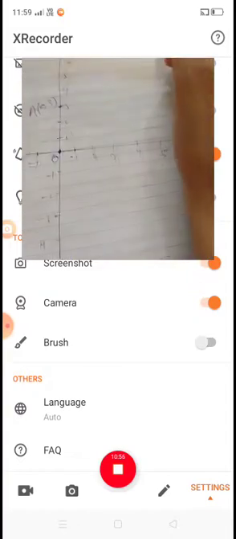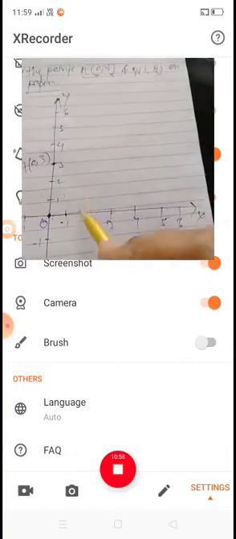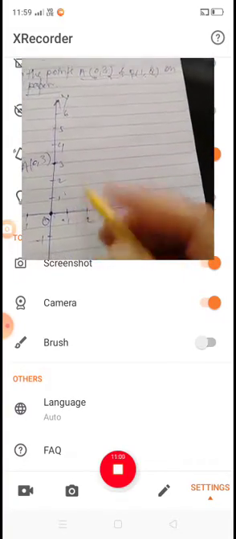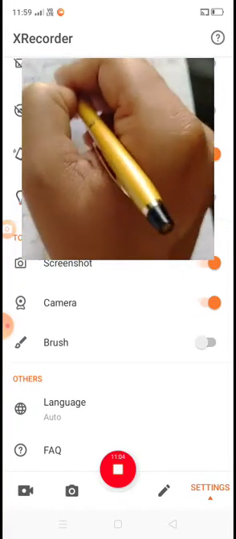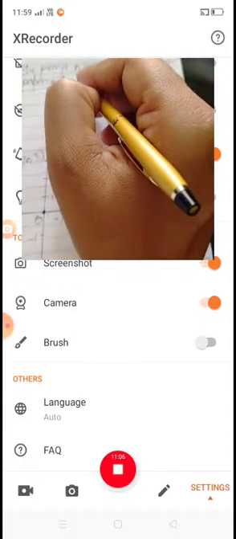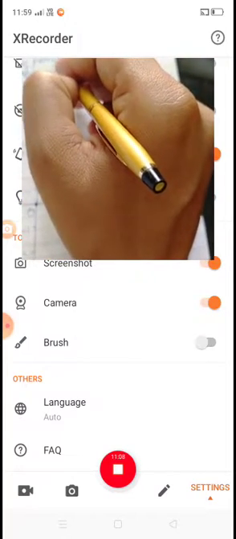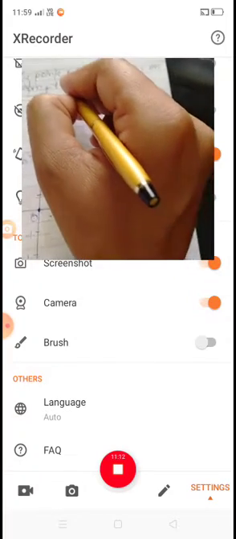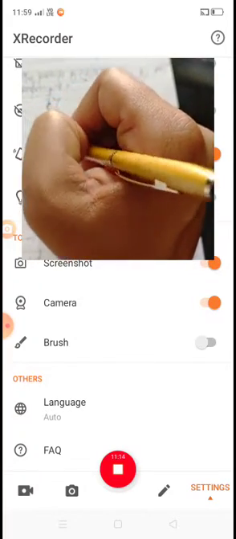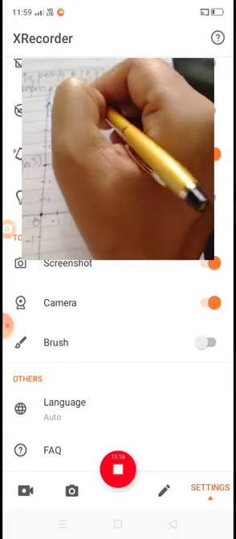In the positive direction of y: 1, 2, 3, 4, 5, 6, 7 and here 8. That is the point B, (1, 8).